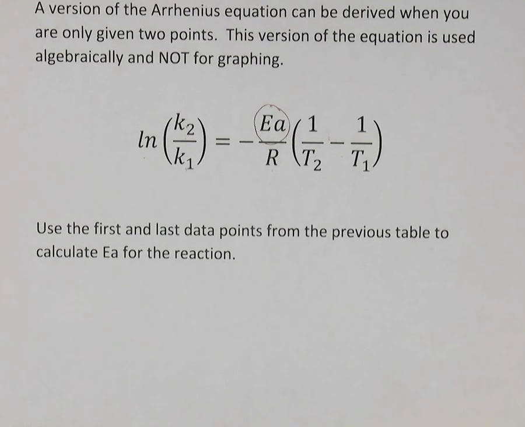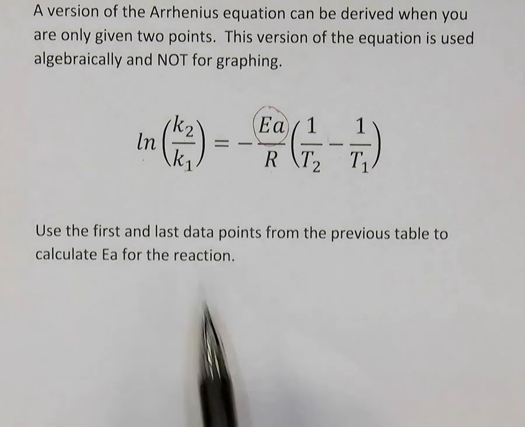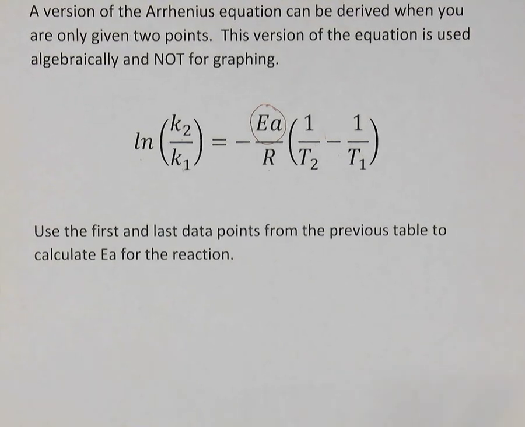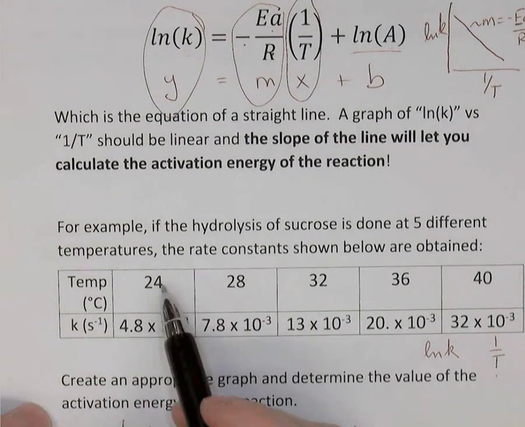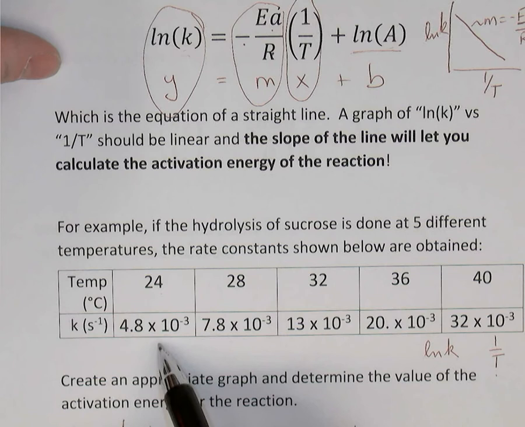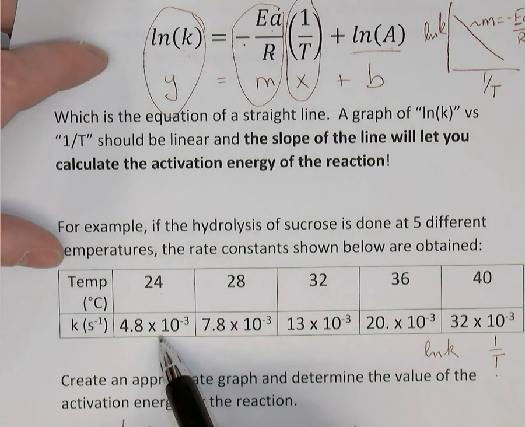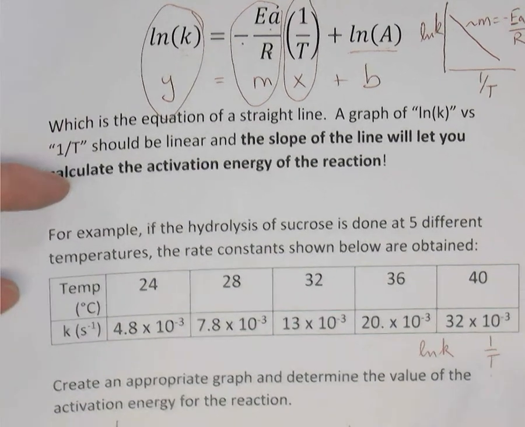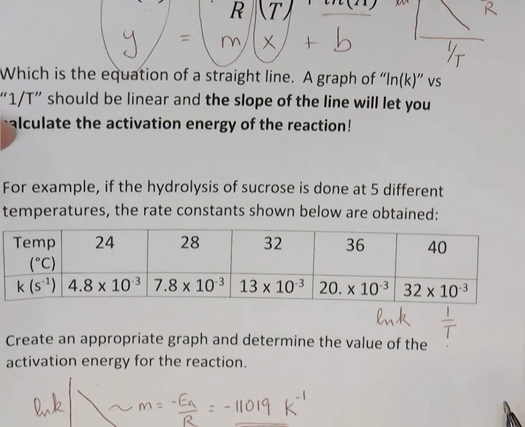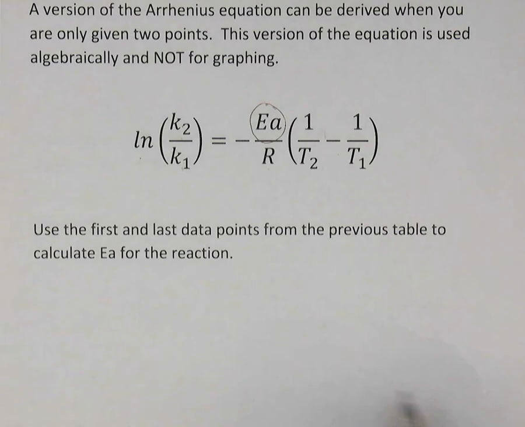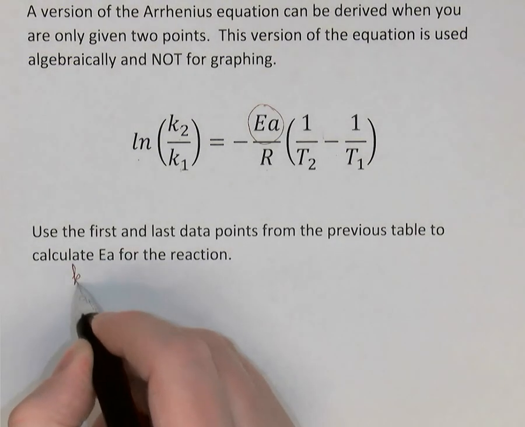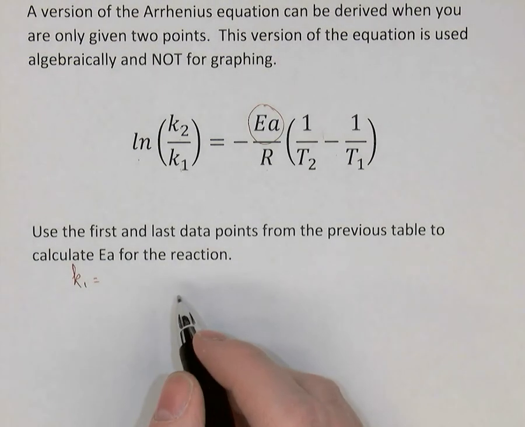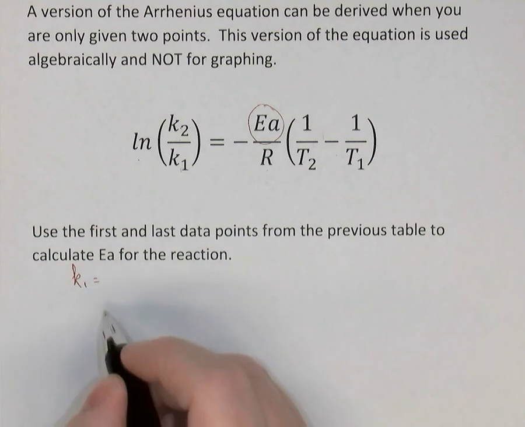So let's use the equation, and we're going to take the first and last data points from that earlier data table to calculate EA for the reaction algebraically. So 24 degrees, 4.8 times 10 to the minus 3, and 40 degrees, 32 times 10 to the minus 3. So using those two data points, let's calculate EA. So we have K1. It doesn't really matter which point you call 1 or 2, but just be consistent.